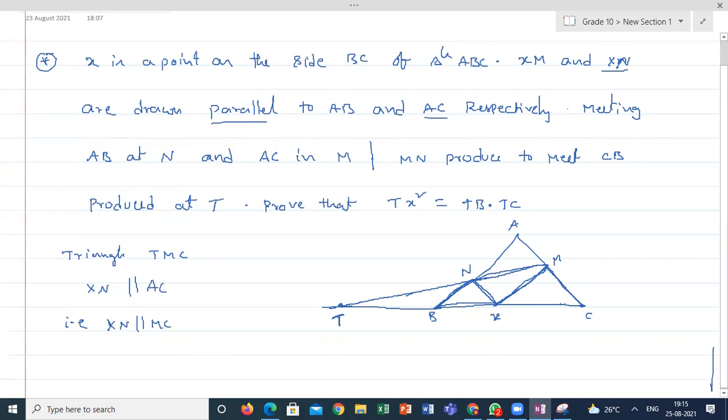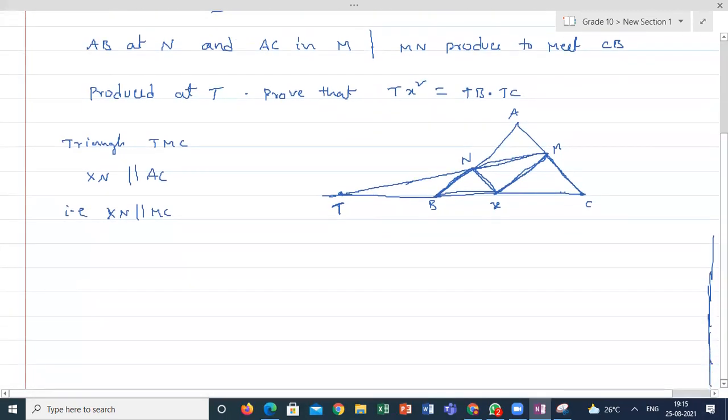So using the basic proportionality theorem, what ratio can I write? Since XN is parallel to MC, I can write Tx by Xc will be equal to TN by NM.